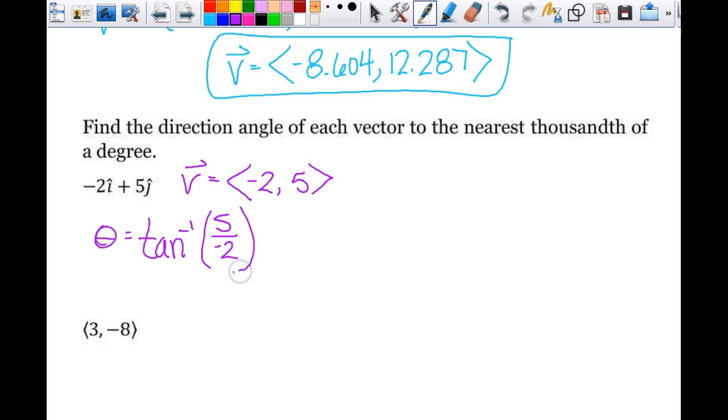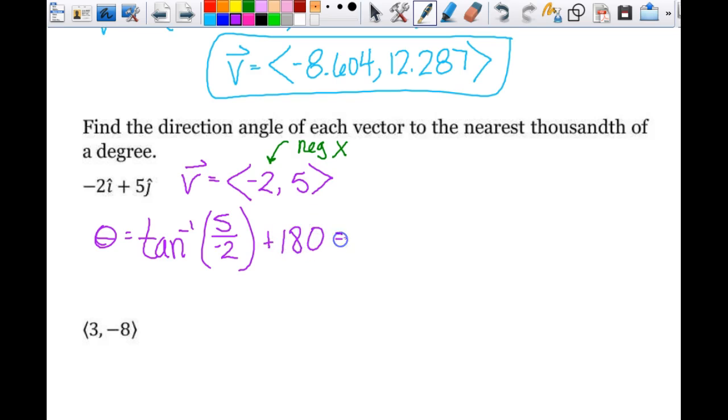Okay, yeah, y over x. So is it just that, or do I have to do something else? What do you notice about your x? You have a negative x, right? So this should be tangent inverse of this plus 180.